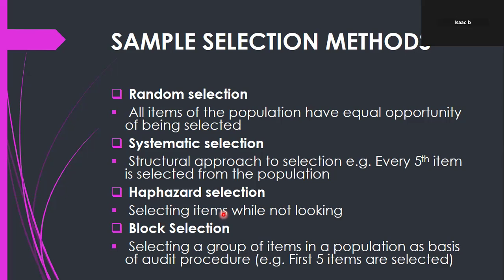You just get those five. Then you agree that they block. You just get that block. So invoice 10 to 15, those five invoices, you sample them, right? And that's what we call block selection. So you just select a group of items in a population as a basis of audit procedures.